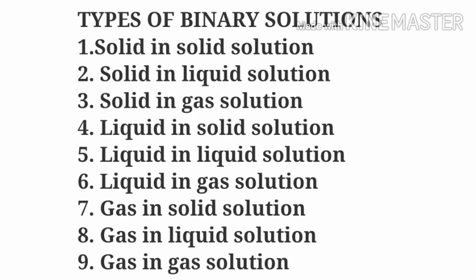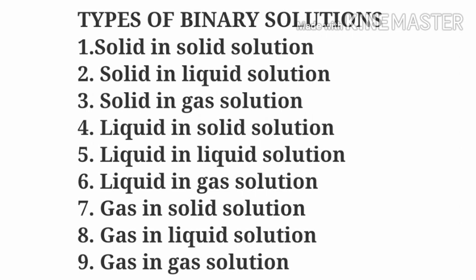Similarly, if gas is acting as the solvent, we can have another three types: solid in gas, liquid in gas, and gas in gas. All together we can have nine different types of binary solution.